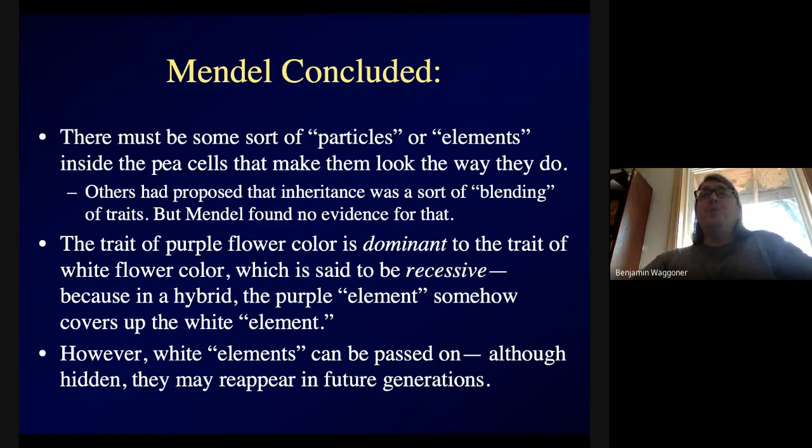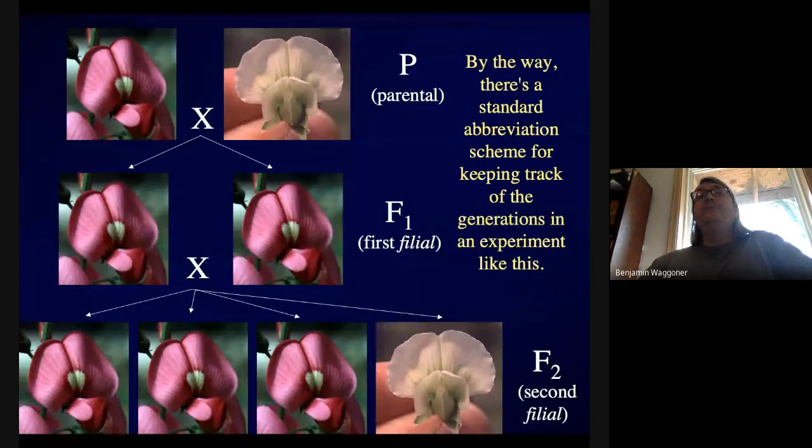The trait of purple flower color is dominant to the trait of white flower color, which is said to be recessive. Let's go back one and look in the F1 generation. When you cross a purple flowered pea plant with a white flowered pea plant, you get all purples, but you get white in the second generation, in the F2.